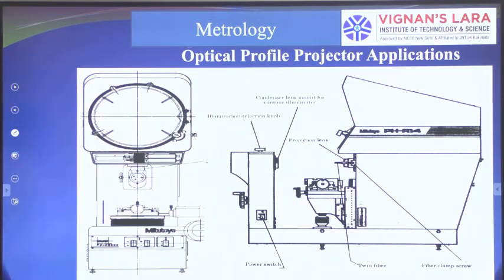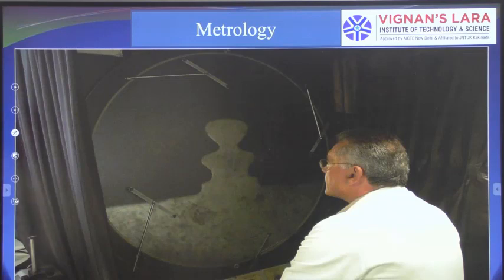This is a line diagram of our optical projectors. These are the two views, the front view and the side view of the optical profile projector.